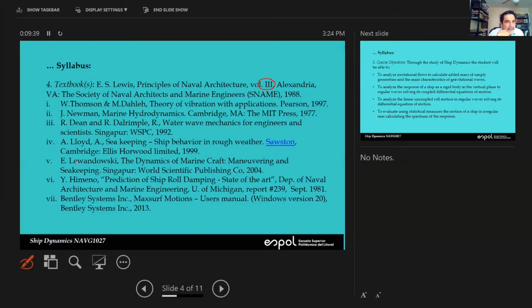Fourth, it's a reference that a couple of months ago, we prepared a work with Dr. Johnny Dominguez, okay? And I used this reference, Lloyd, to define a ship control system, an active ship control system. And this reference was extremely useful. So I think this is a good reference. Lewandowski, this is also a nice reference. It has a lot of information that we can use.